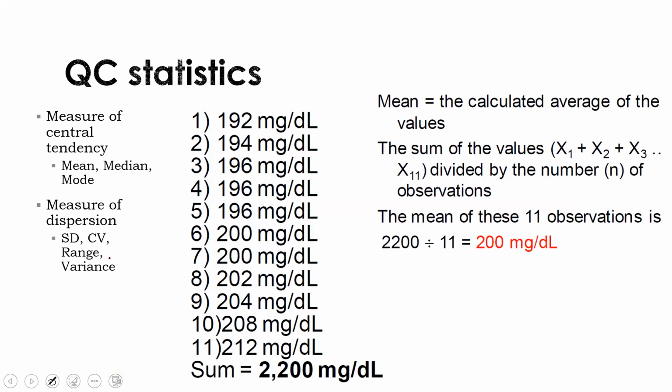Pero hindi natin ginagamit ang median at saka mode. We use mean. And then, we measure dispersion. We use SD, CV or coefficient of variation, range, and variance. So, this is an example. Hanggang 11th day run lang tayo. These are control values already.